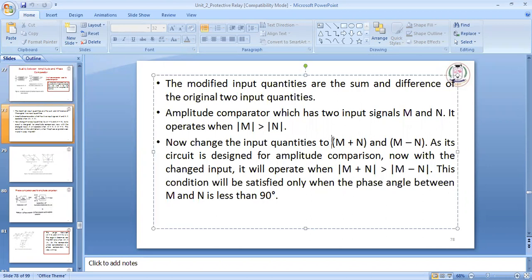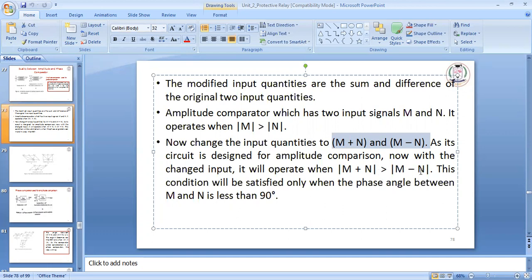So in order to make the amplitude comparator a phase comparator, we convert m and n into m plus n and m minus n, and then check whether m plus n is greater than m minus n.